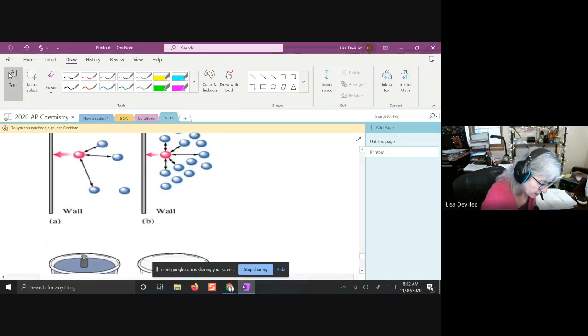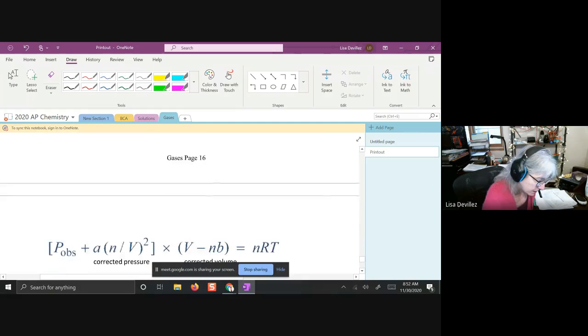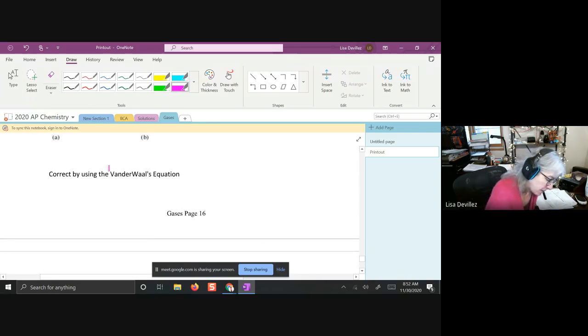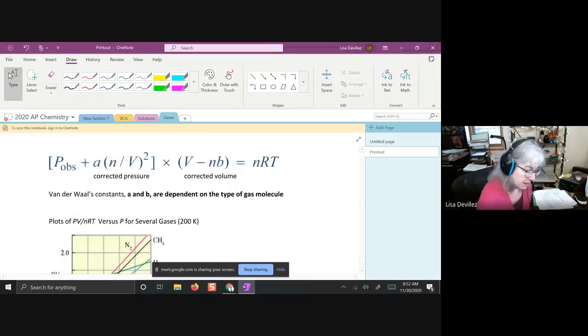So what you'll see is called the van der Waals equation. All right, and this is what it looks like.